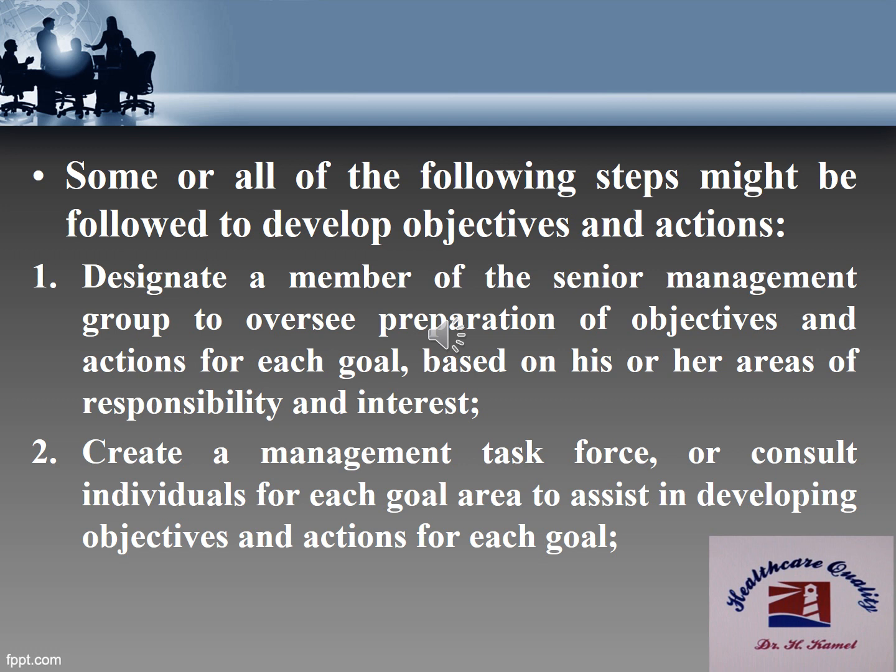Some or all of the following steps might be followed to develop objectives and actions. 1. Designate a member of the senior management group to oversee preparation of objectives and actions for each goal, based on his or her area of responsibility and interest. 2.